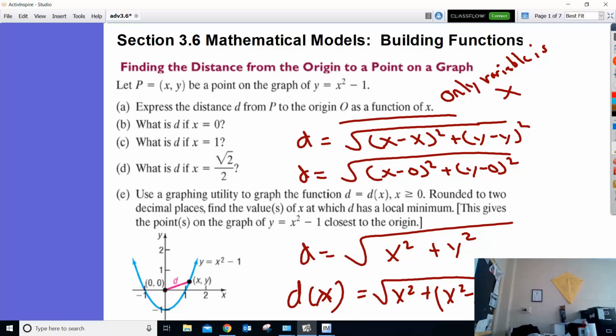Is that so bad? It all depends if you know distance formula, to be honest with you. Honestly, how many of y'all know distance formula? That's about 70%, 80%. That's what it starts with.